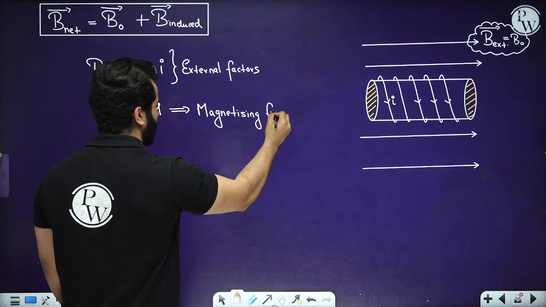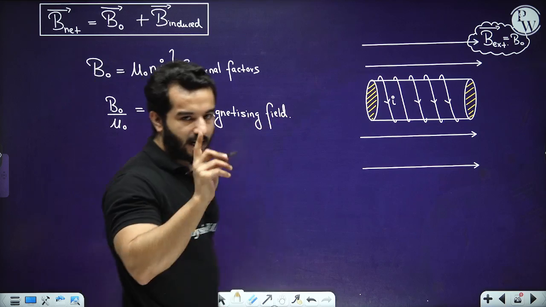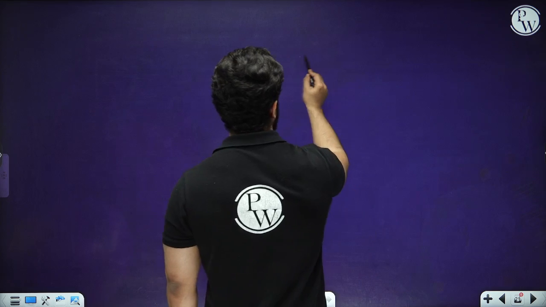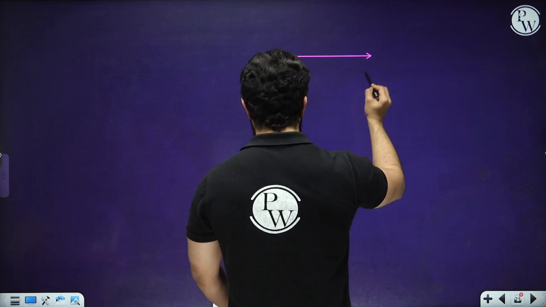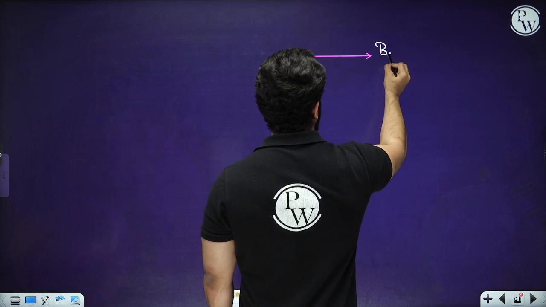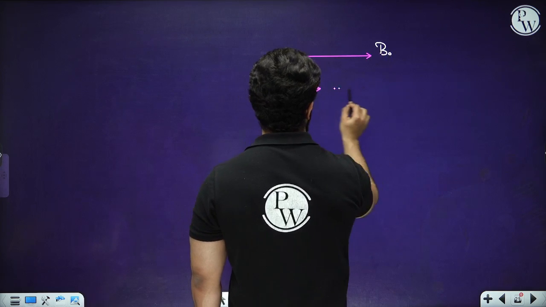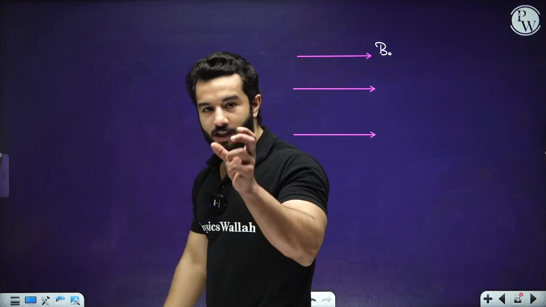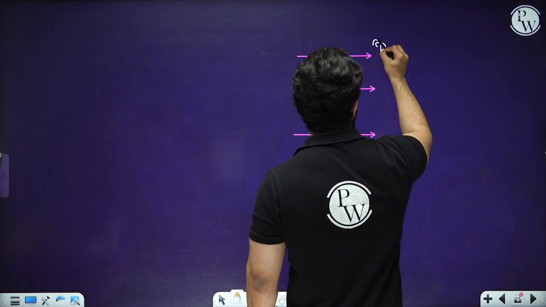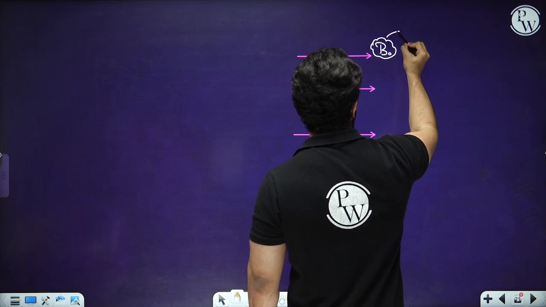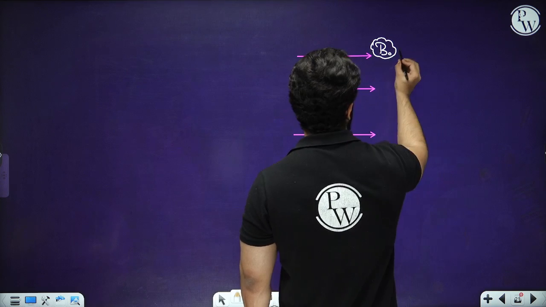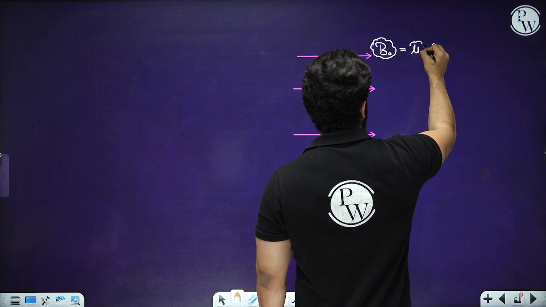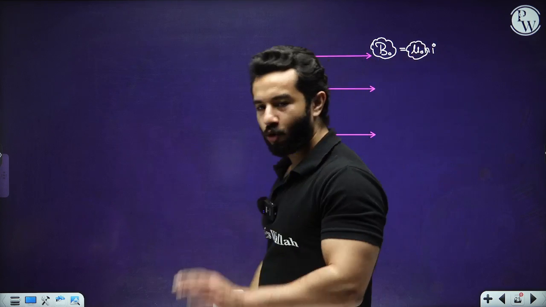What do we mean by that? Let's understand. I'm giving you another example. Let's suppose you have got an external magnetic field over here, which is B naught. This B naught also contains information about the medium. If someone tells you that B naught equals mu naught times Ni, it also holds the information of a medium. I don't want that.